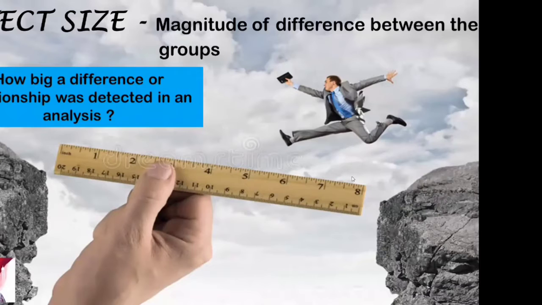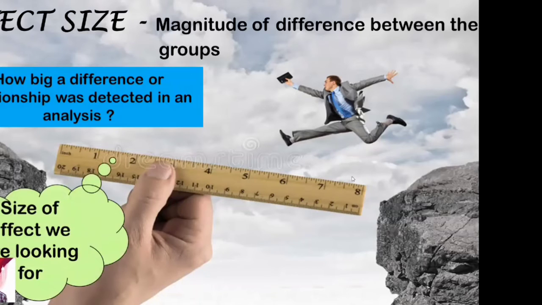Let me take an example, drug A and drug B. Drug A has 60% efficacy and drug B has 80% efficacy. Now, what is the effect size here? 80 minus 60, which is 20%, is the effect size. Simply put, the difference between two proportions or two means is the effect size.